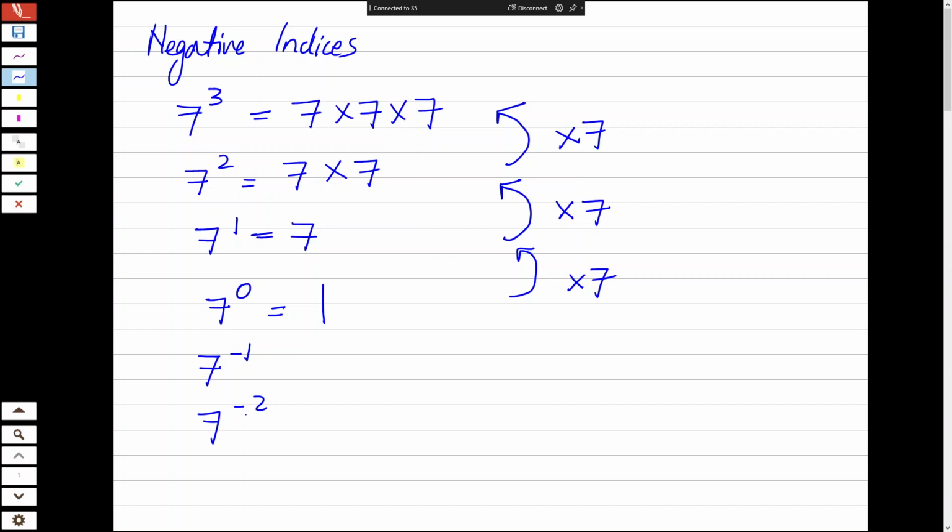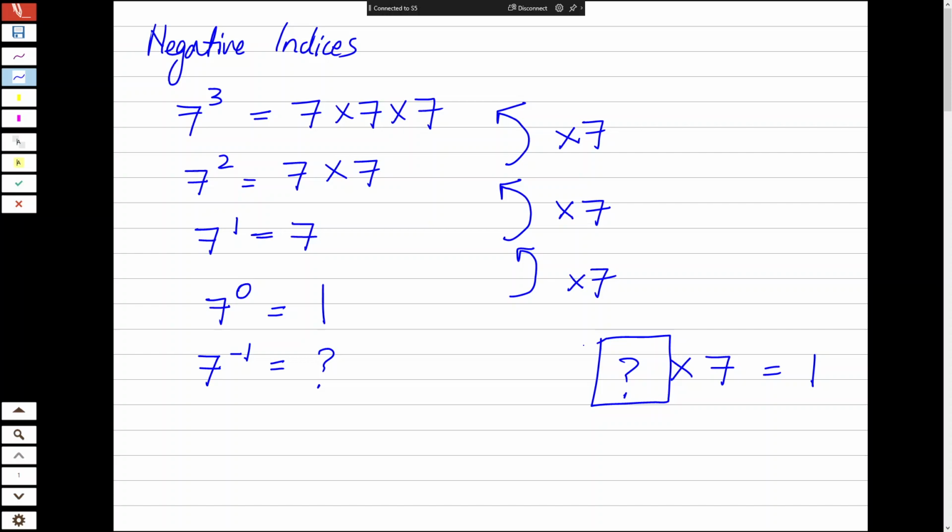So if I'm going up, I want to be able to multiply by 7 to get the next number. So let's start with just 7 to the negative 1. I don't know what this is yet. I'm going to define it now. But I need to choose a number so that if I multiply it by 7, the answer is going to be 1. The question is, what goes inside this box?